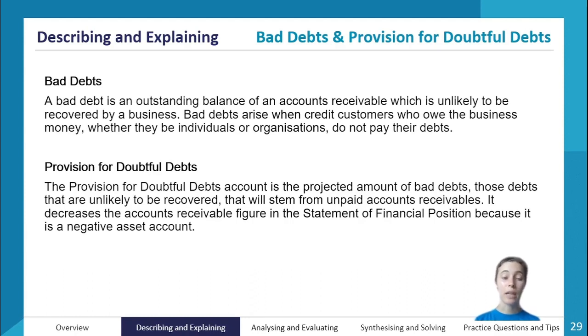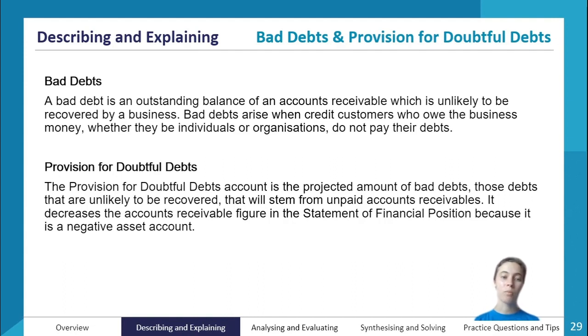Now, doubtful debts is when you're thinking that it's uncertain whether those debts will be paid to the business. So provision for doubtful debts is accounting for that. It's the projected amount of bad debts that will stem from those unpaid accounts receivables.